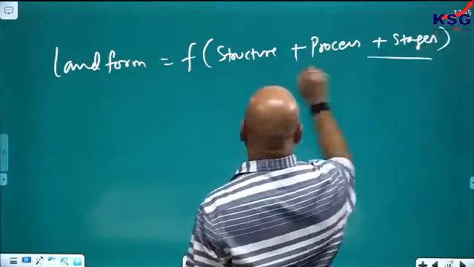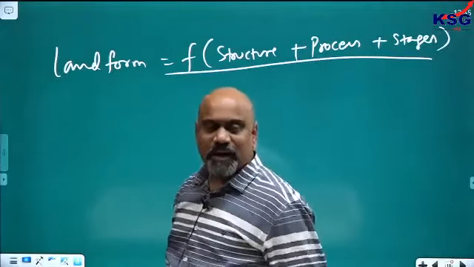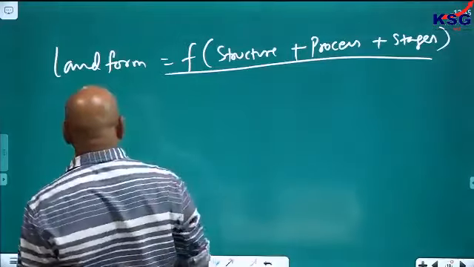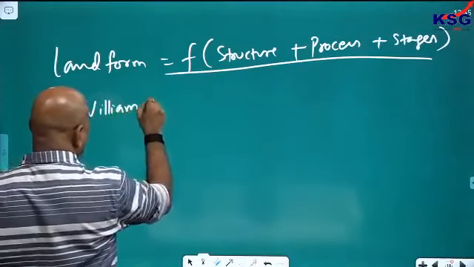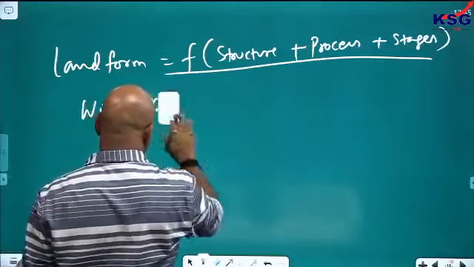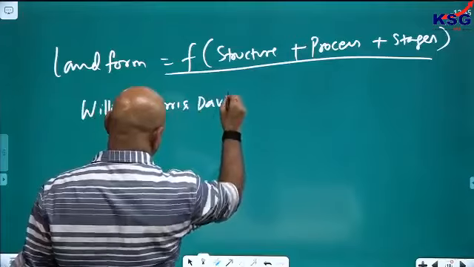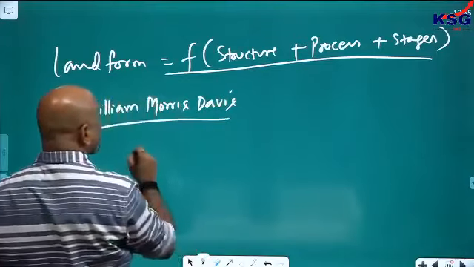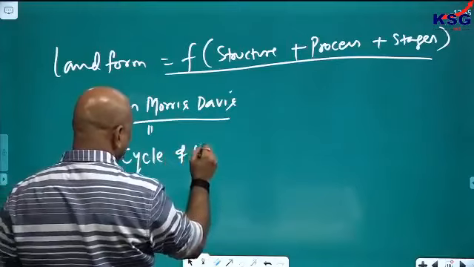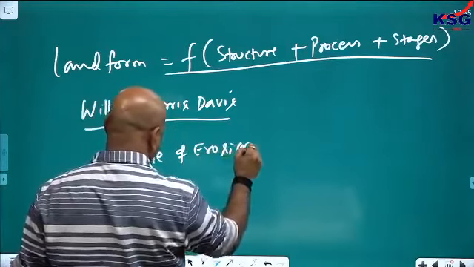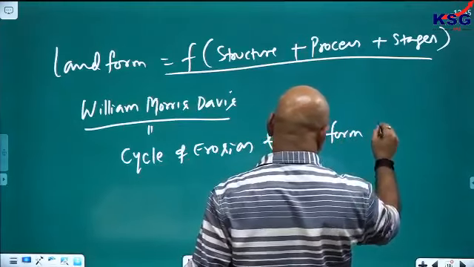My friends, these three factors were highlighted for the first time by William Morris Davis, an American geologist, who gave the concept of cycle of erosion and landform development.